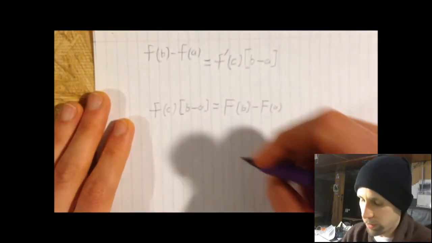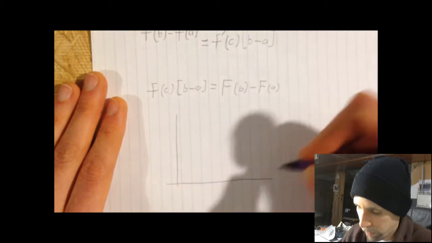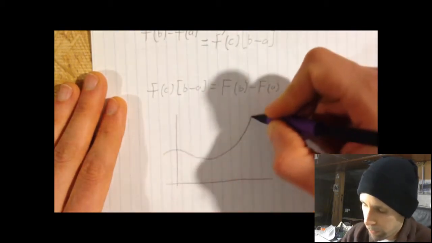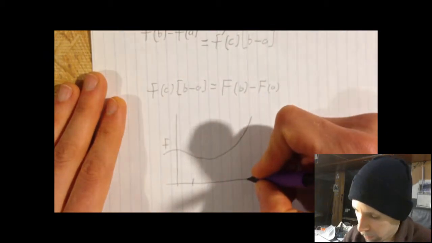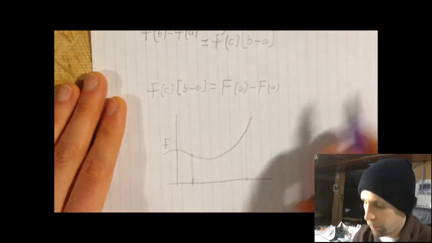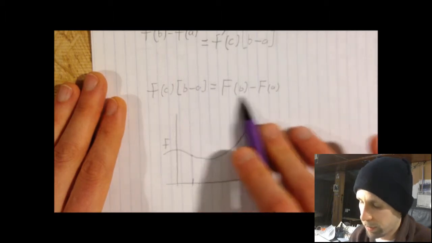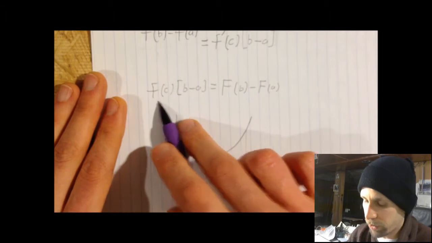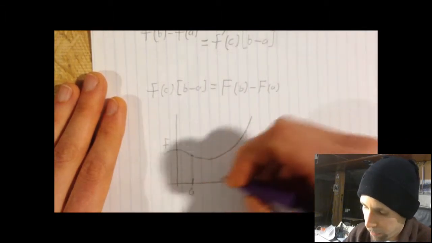I'm going to hopefully get into detail with this in a different video. But all that means is, if this is the little function, little f, the amount by which its antiderivatives change can be written as the value of that function at some point, someplace, multiplied by the length of the interval.